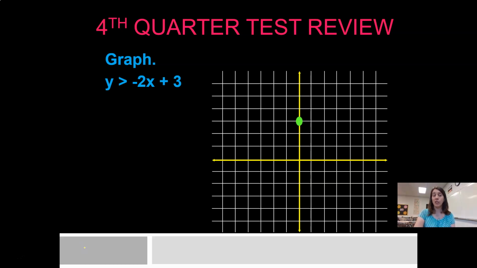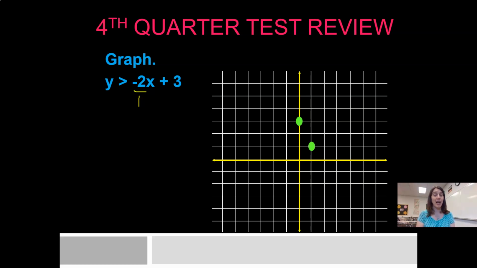The slope in this problem is -2. So how do I turn -2 into a fraction? I'm going to make that -2 over 1. The negative sign only applies to the 2, not to the number 1. So from my y-intercept, I'm going to go down 2 because the rise is -2, and then right 1 because the run is +1. So down 2, right 1, there's the next dot.